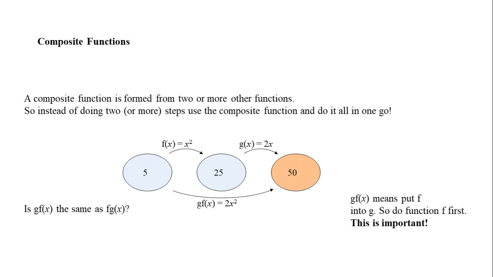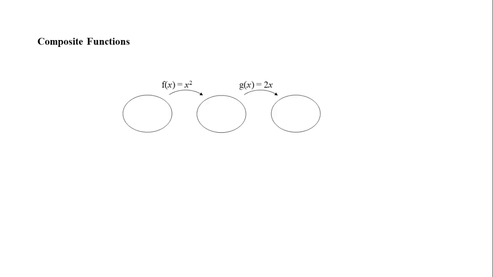Let's try to explain this one. If I am going to switch f of x and g of x, let's bring back the value of x on the first function as 5. If the value of the x on the first function is 5, then the value of the output will become 10.